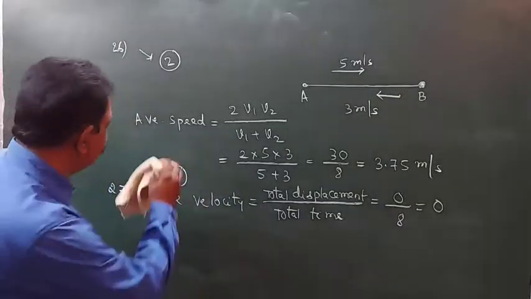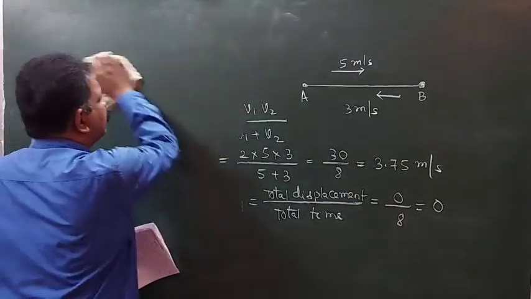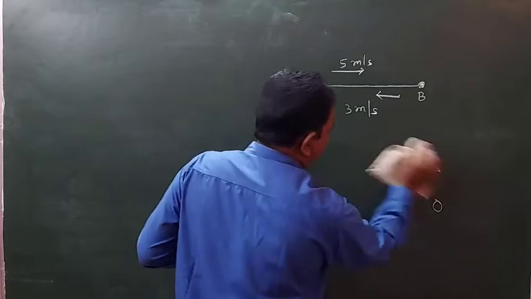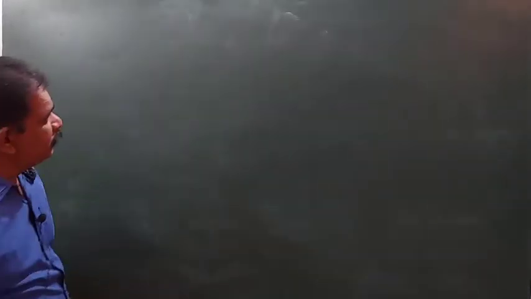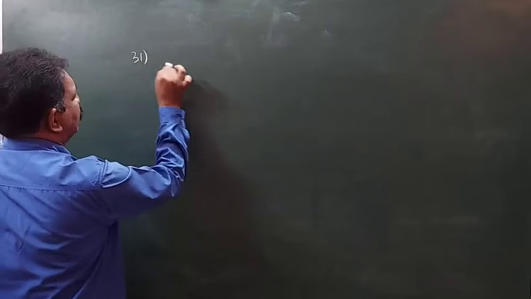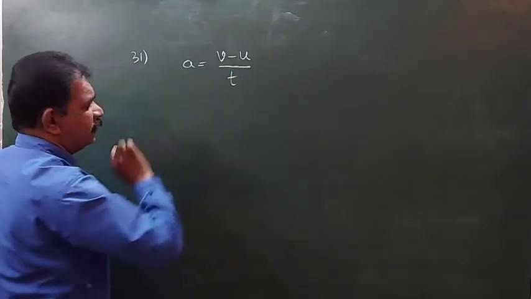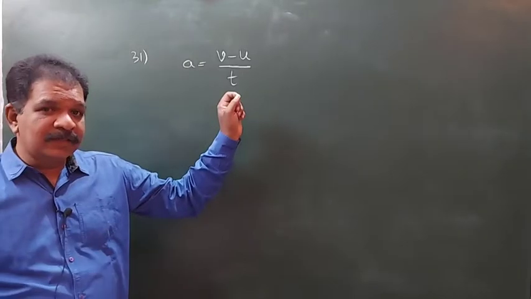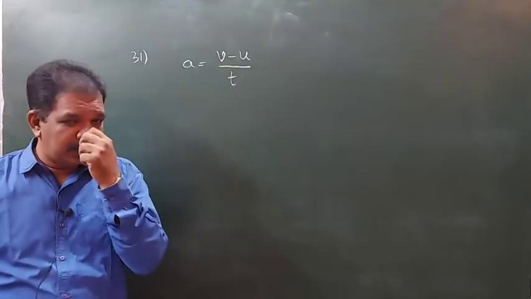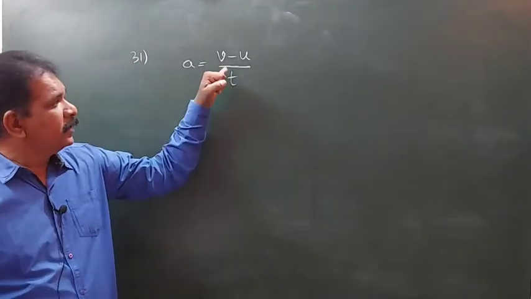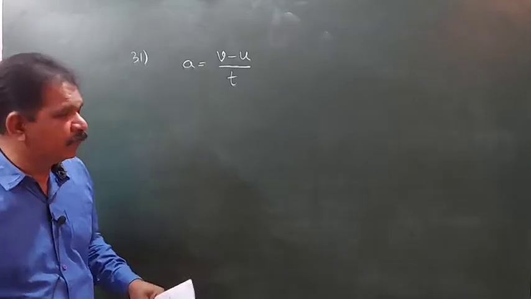Why acceleration is 0? Velocity constant, na? So change in the velocity will be 0. Acceleration a is equal to v minus u by t. Here velocity same, so initial and final velocities will be same. Change in velocity is equal to 0.